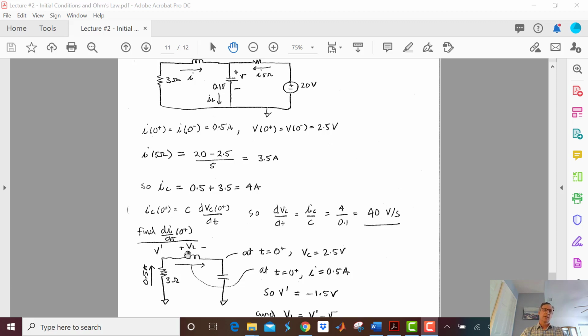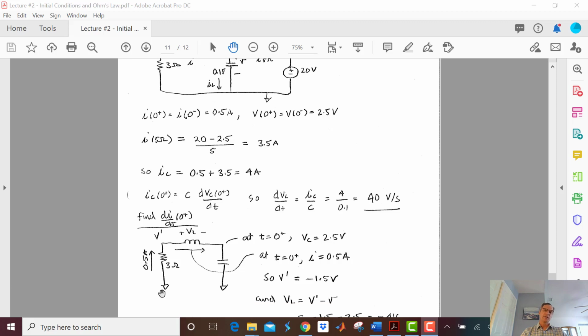So let's see. KVL on the fly says that I've got a half ampere, so I'm going to start at 0, and I'm going to go down a half an amp times 3 ohms. That's negative 1.5 volts here. And I know I got 2.5 volts here. So what's the voltage across the inductor?